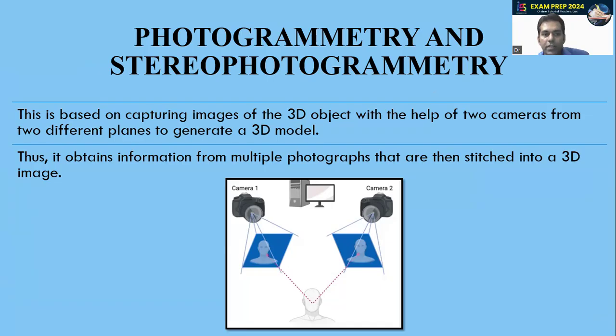Thus, it obtains the information from multiple photographs that are then stitched into a three-dimensional image. So here you can see that the image is being recorded from two different angles, and they will be stitched to form a three-dimensional image.